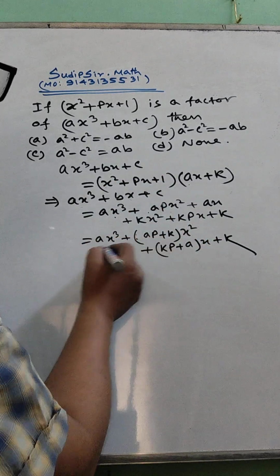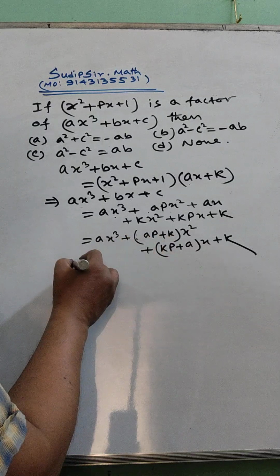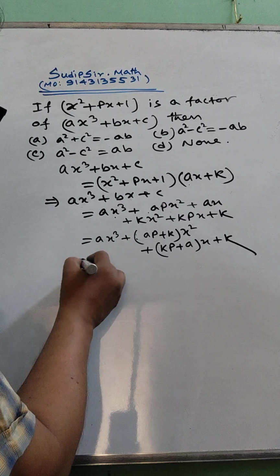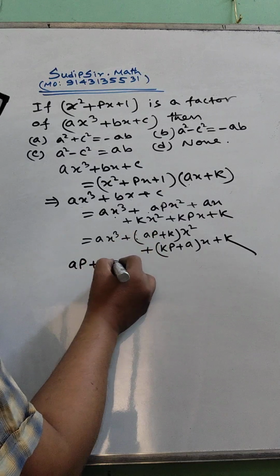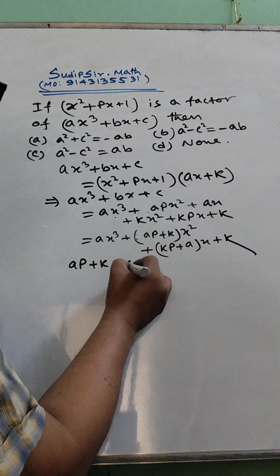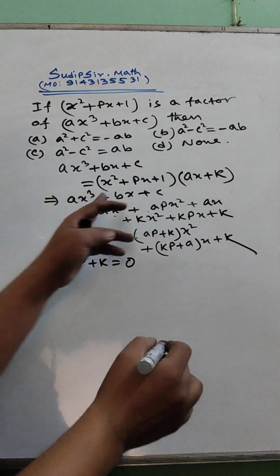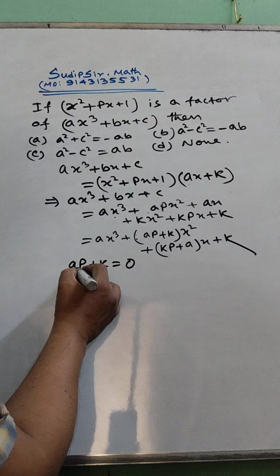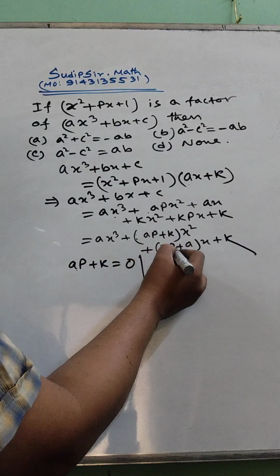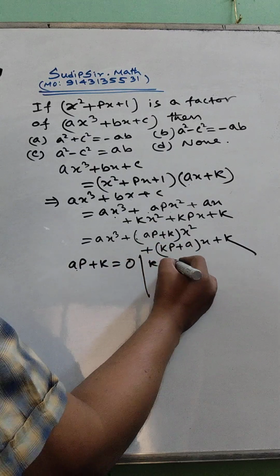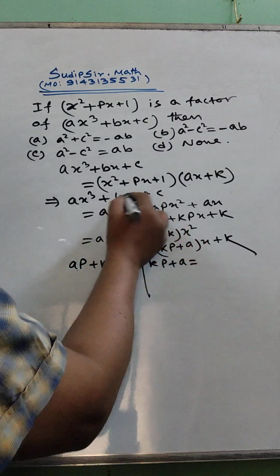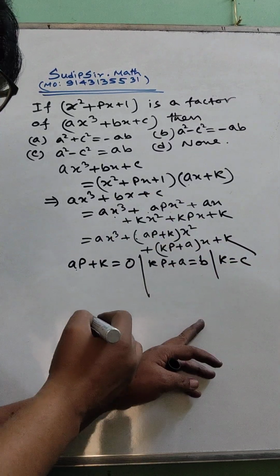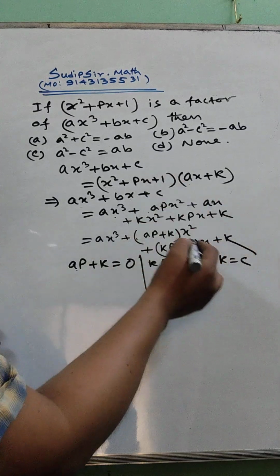So compare this. You will get ap plus k equal to 0, because this does not have any x square term. That's why ap plus k equal to 0, kp plus a equal to b, and k equal to c. Clear? k equal to c.